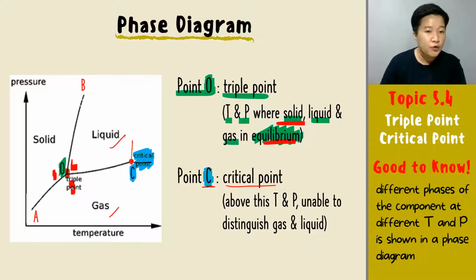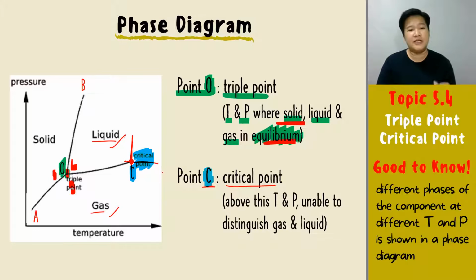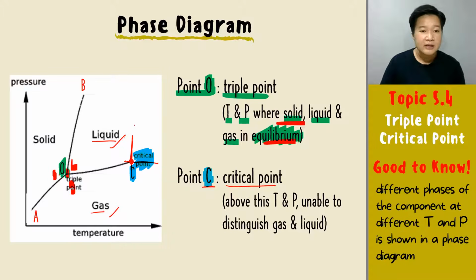Okay? So critical point is the maximum temperature and pressure that you can have to distinguish, to differentiate liquid and gas. If you have a pressure and temperature above this point, we cannot differentiate liquid and gas. That's why here we cannot differentiate which is liquid and which is gas.